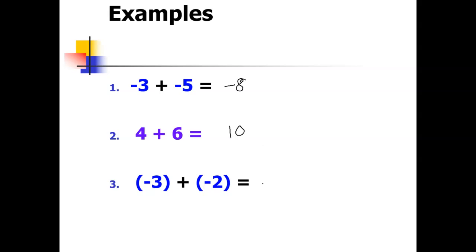Negative 3 and negative 2: first you add, which is 5, and you keep the sign, which is negative. So the answer stays negative. Parentheses are just used to separate the two signs, positive and negative. Otherwise, number 1 is exactly the same type as number 3.